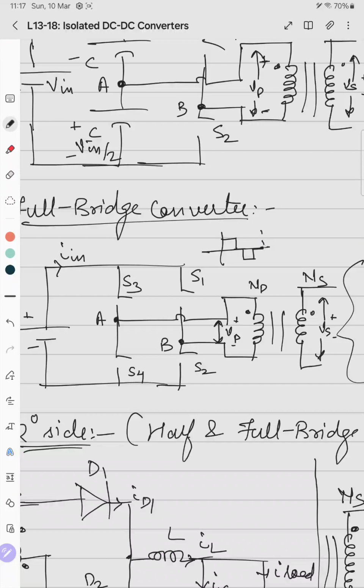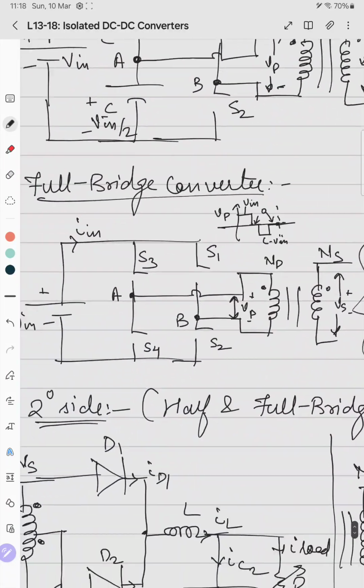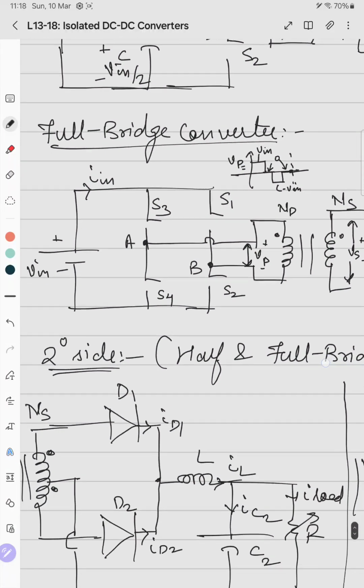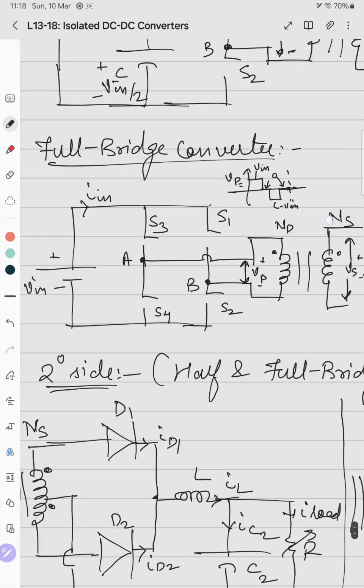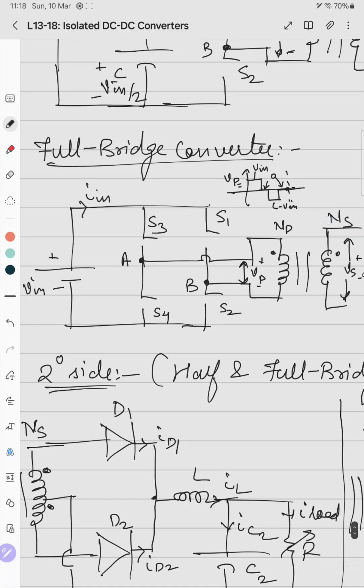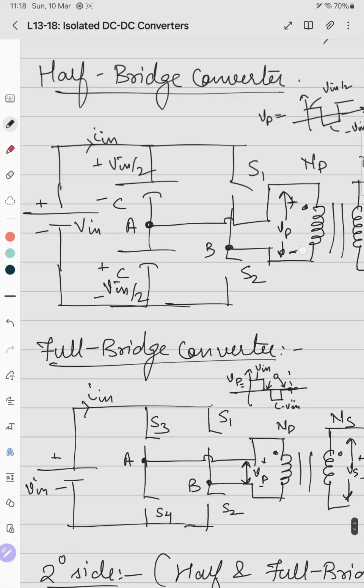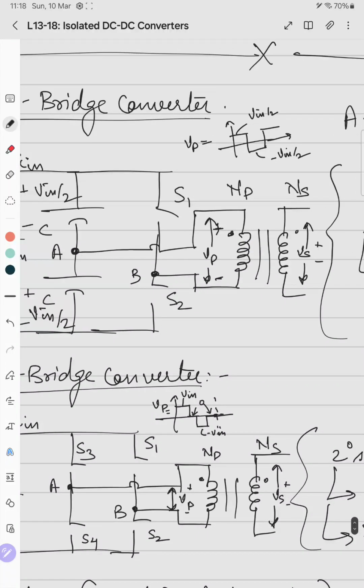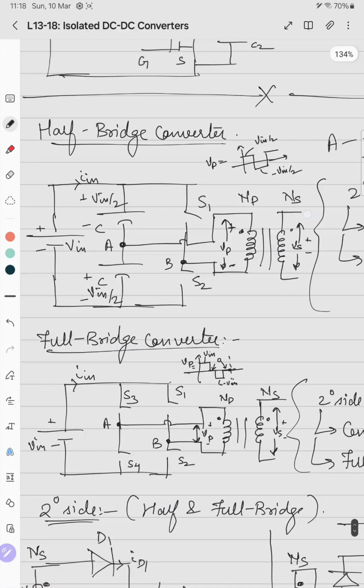This is one switching period. So this is V in, this is 0, this is minus V in, and this is again 0. This is the VP waveform. So here we can see it has 3 levels: V in, 0, and minus V in. And in the half bridge it has only 2 levels: plus and minus V in by 2. So that is the difference.